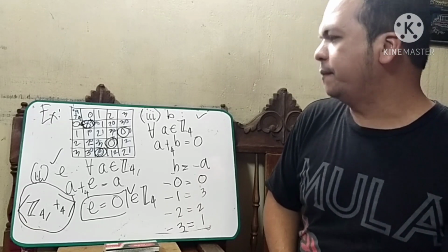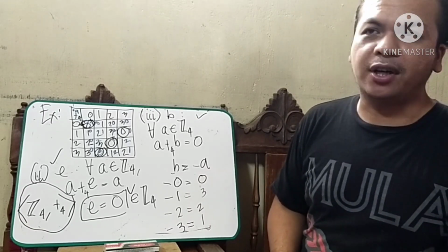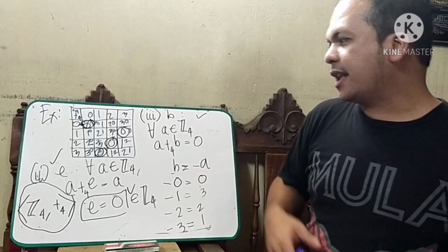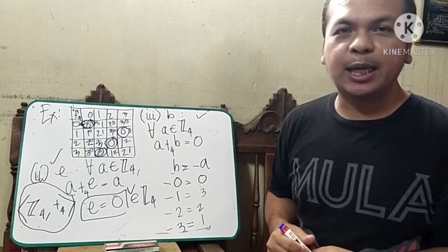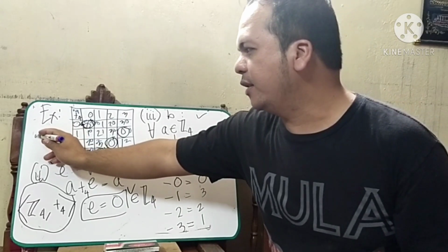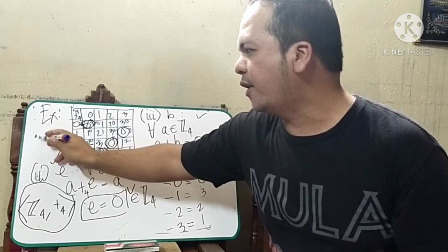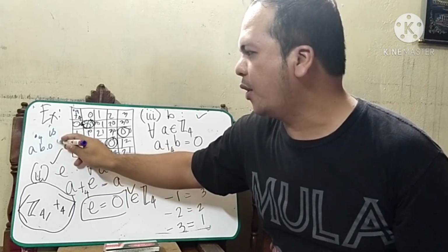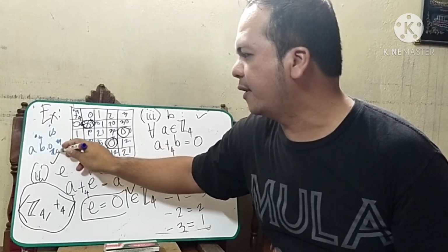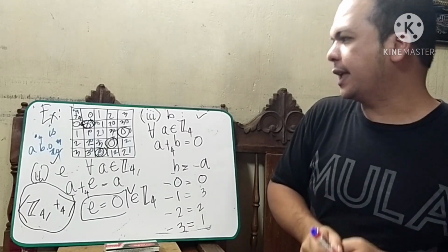So, is it a group? Is it a binary operation? Yes, it is a binary operation. The multiplication modulo 4 is a binary operation on Z4. Okay.